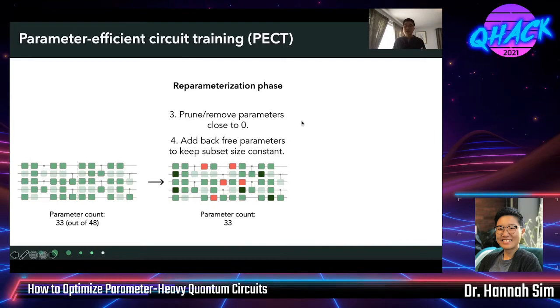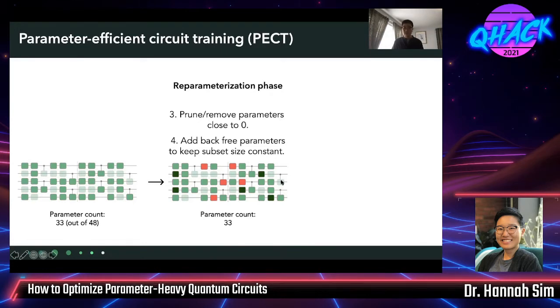So because we removed 5, we're going to add back 5 parameterized gates from these free slots of gates where the gates in the first subset weren't activated. So for example, we chose these particular 5 gates shown in dark green to add back to this parameter subset. So at this point, the parameter count should still be at 33.